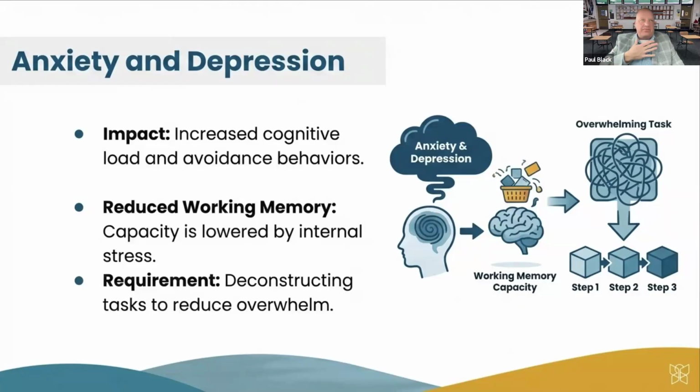Now, what is fascinating to me about this, and a tragedy as well, is there is not a biological link between ADHD, autism, dyslexia, and depression. There's nothing that says you have ADHD, so you're going to have depression. You have dyslexia, you're going to have depression. You have autism, you're going to have depression, right? It is how we treat it in the classroom.